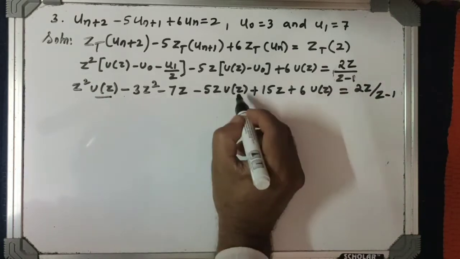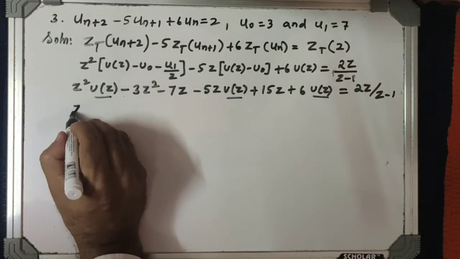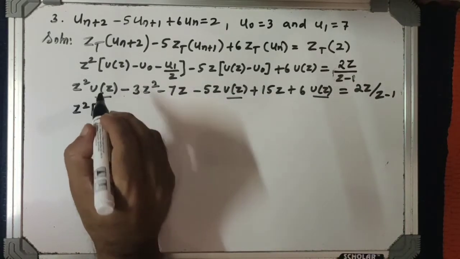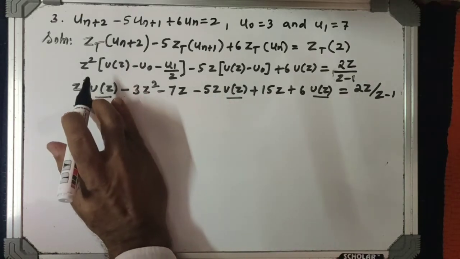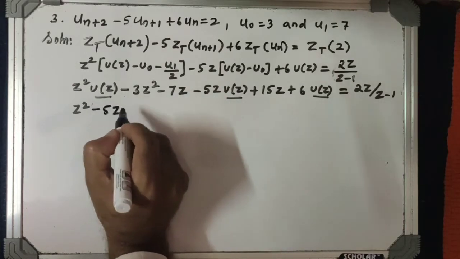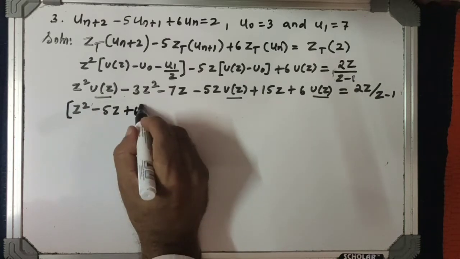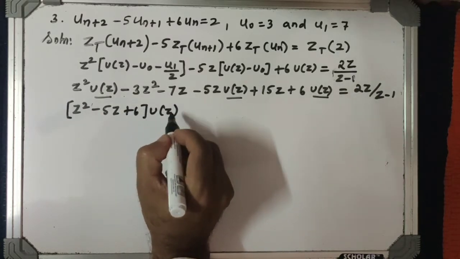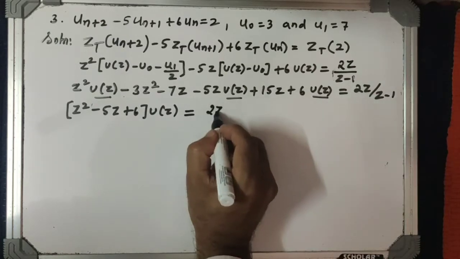From these terms I will take U(z) common, so therefore the remainder is z square minus 5z, similarly plus 6, so the common factor is U(z), which is equal to 2z by z minus 1.